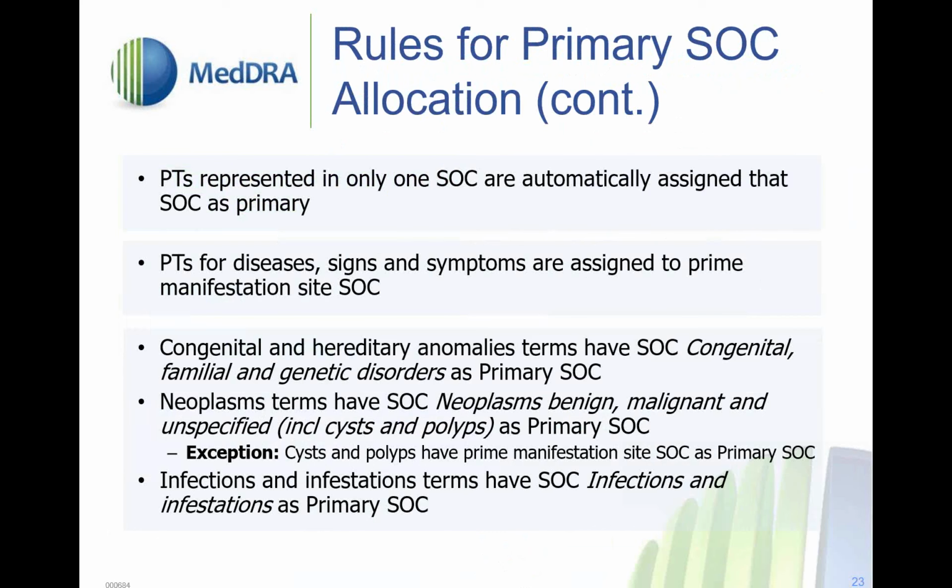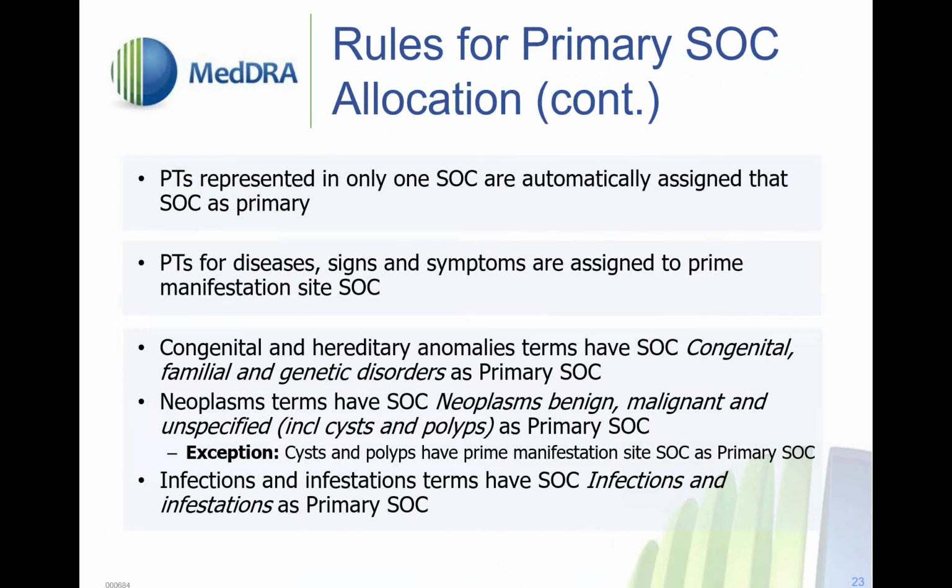So the three main exceptions to primary site of manifestation are the following. It's important for us to know if the product could potentially have congenital manifestations, congenital disorders. It's important to know if the product could have a cancerous result, so it can lead to a cancer or a neoplasm. And it's important to know if the product could lead to infections.